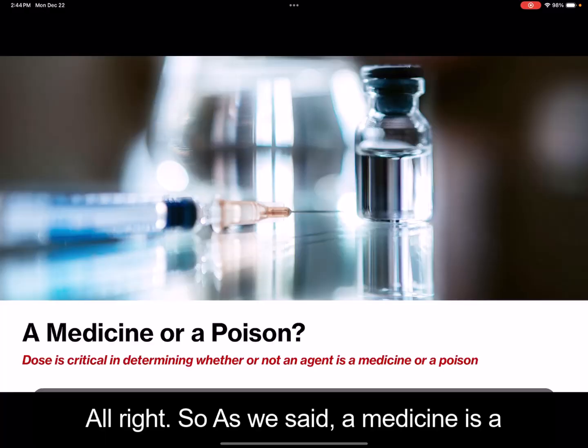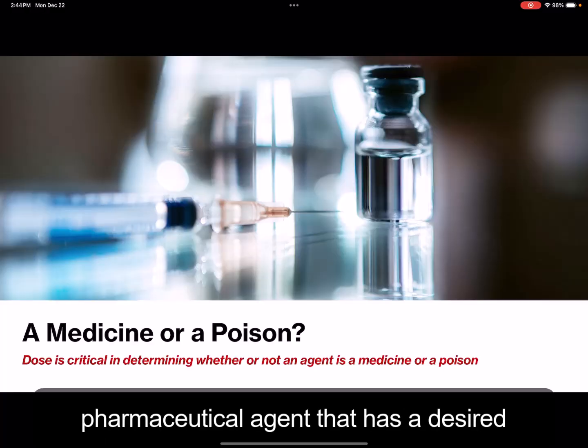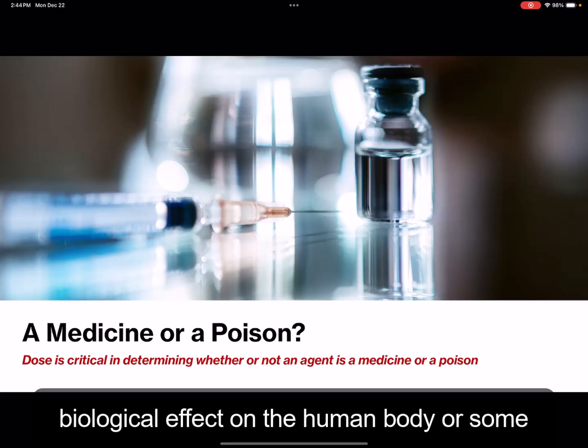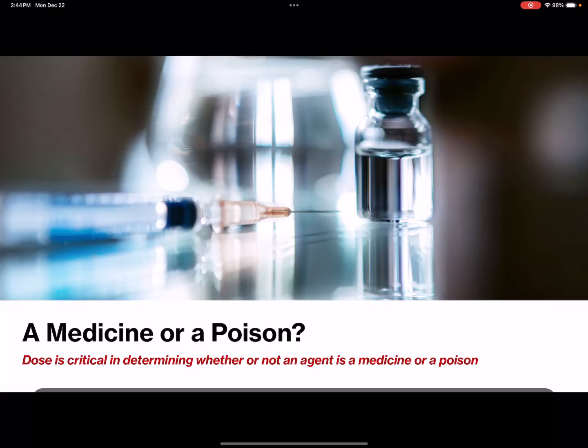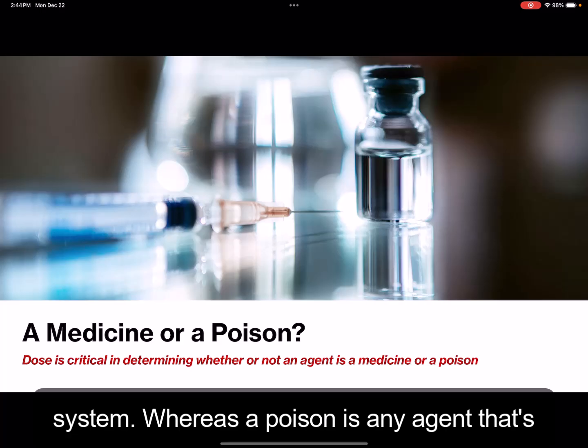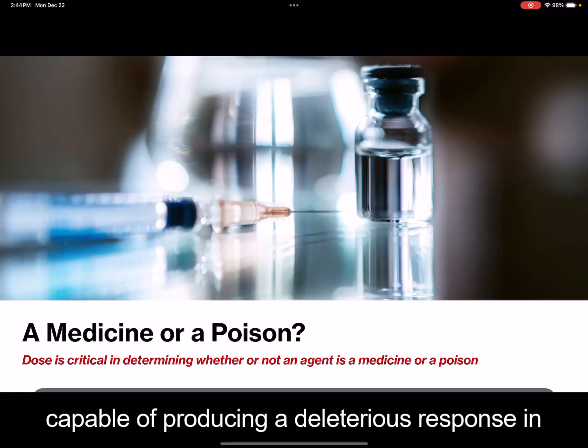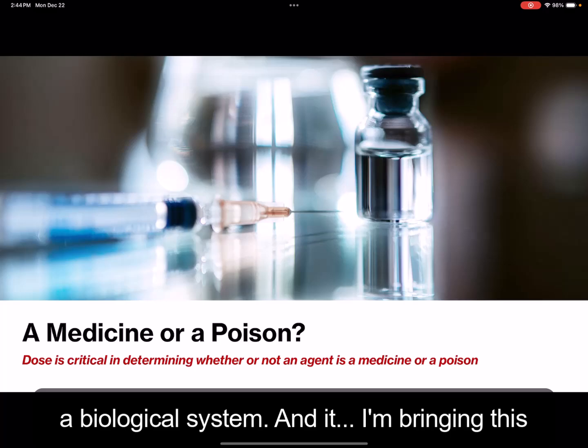All right, so as we said, a medicine is a pharmaceutical agent that has a desired biological effect on the human body or some other living system. Whereas a poison is any agent that's capable of producing a deleterious response in a biological system.